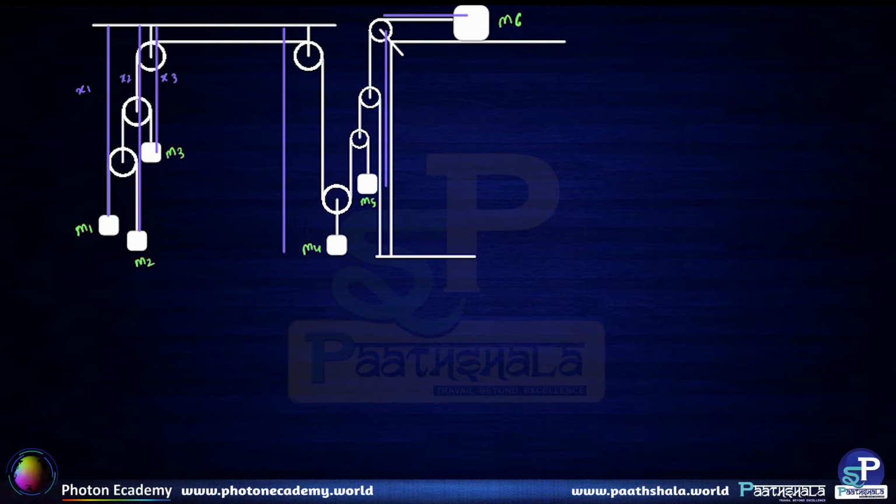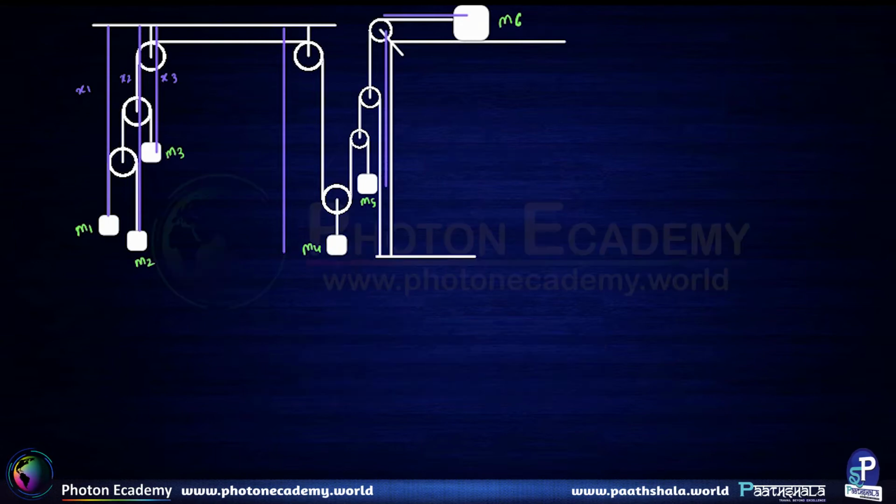So we have to measure all distances from rigid supports. The rigid supports may be the same rigid support or it may be different rigid supports. If it is a different rigid support, it does not matter because the displacement vector or the position vector of one rigid support with respect to another is going to remain fixed.